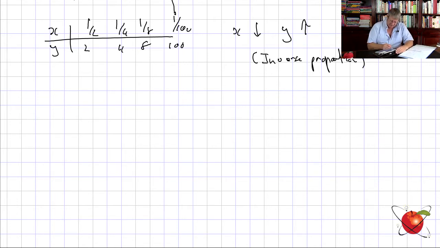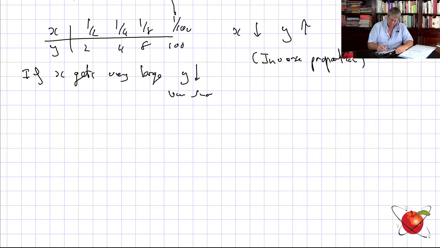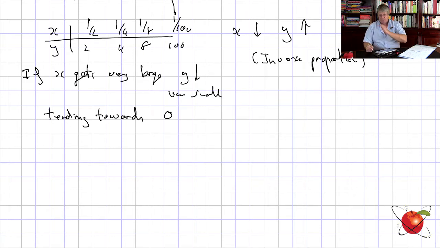As you can see, if x gets very large, y gets very small. You can see the shape, it's what we call tending towards 0, okay? As it gets smaller, it tends towards 0.